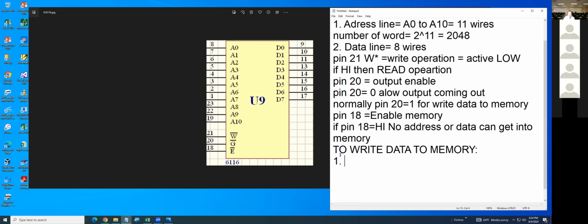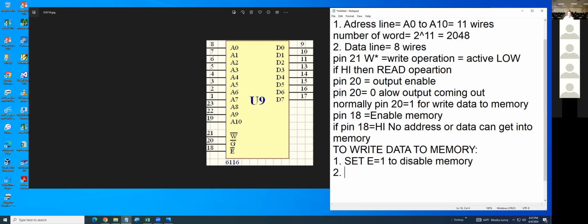So to write data to the memory, first step you have to do: set enable equal 1 to disable memory. Okay, that is the first thing we have to do.